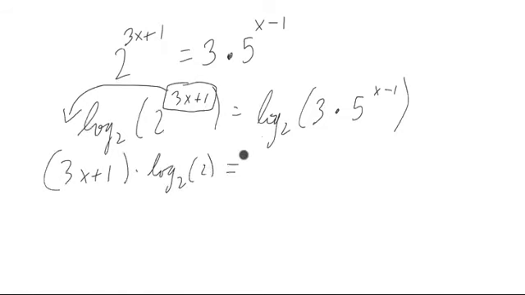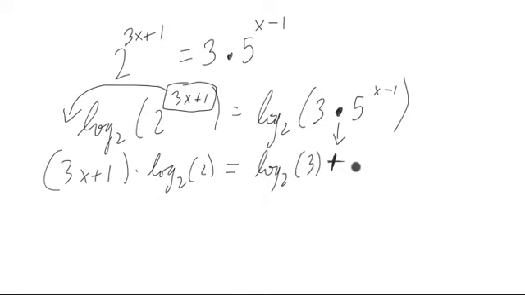And that's going to be equal to, now let's use some properties here. See this multiplication? It'll become log base 2 of 3 plus, sorry, the multiplication right here turns into addition. Multiplication on the inside is addition of the exponents.